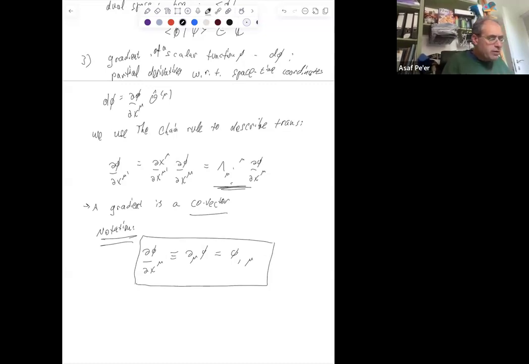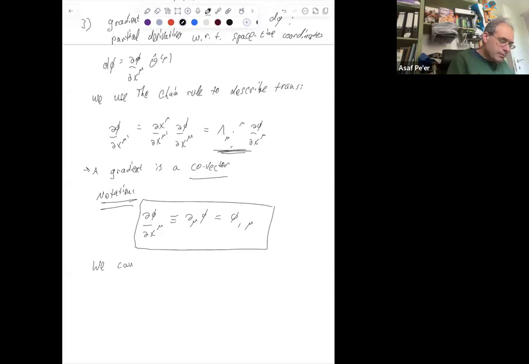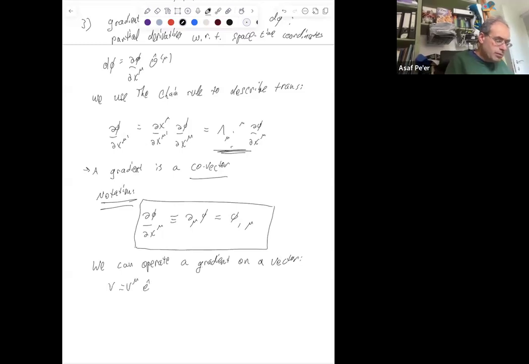Now, being a dual vector, we can operate a gradient on a vector. V is V^μ e_μ.